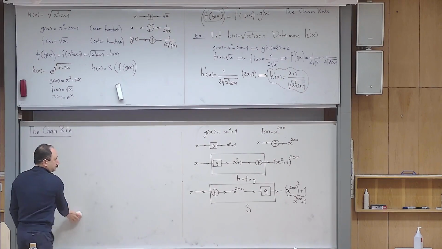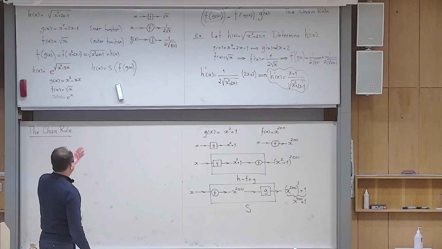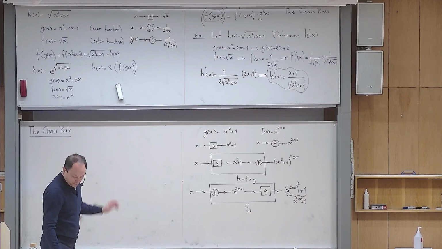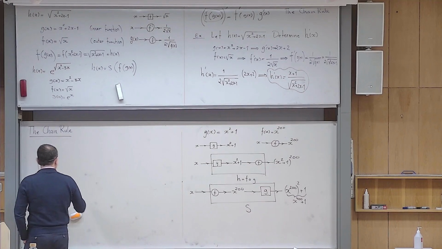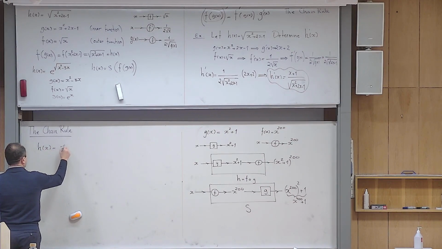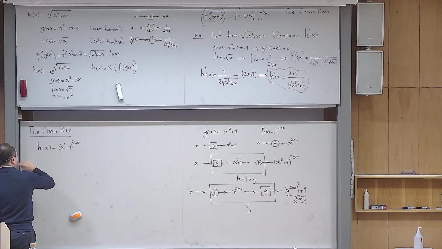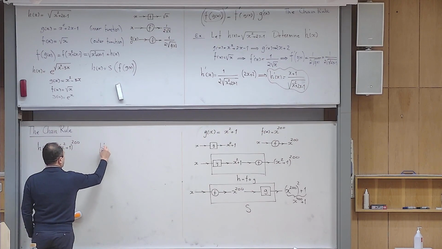Okay, so for example, let us consider the starter for today. Yes, what was that function? So the function is this. h of x is equal to x squared plus 1 to the power of 200. Okay, so then we want to find h prime of x.